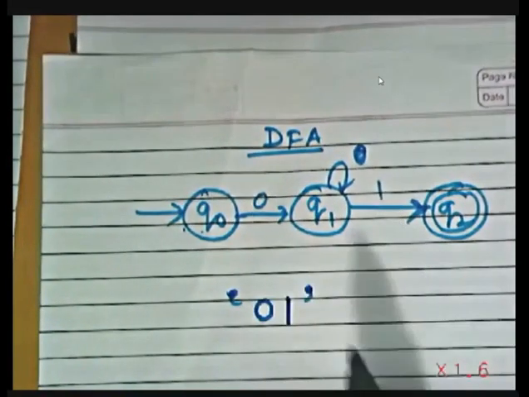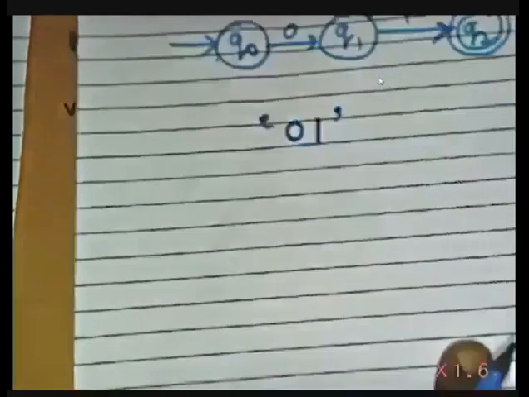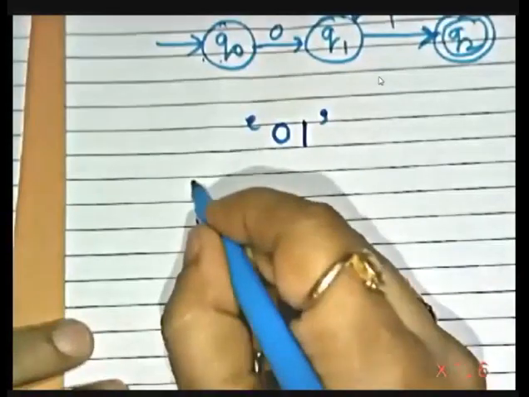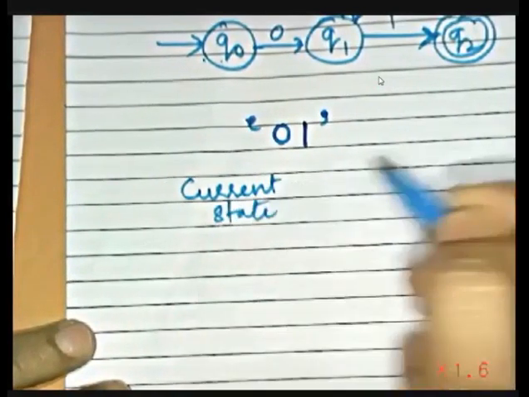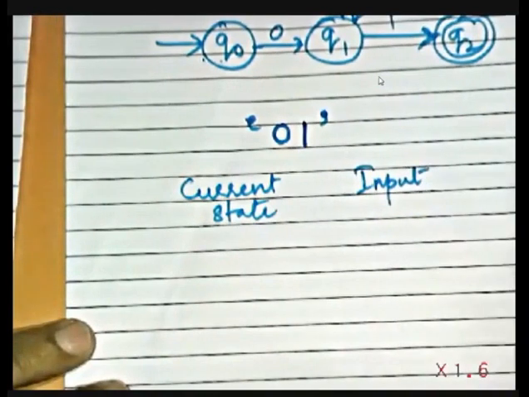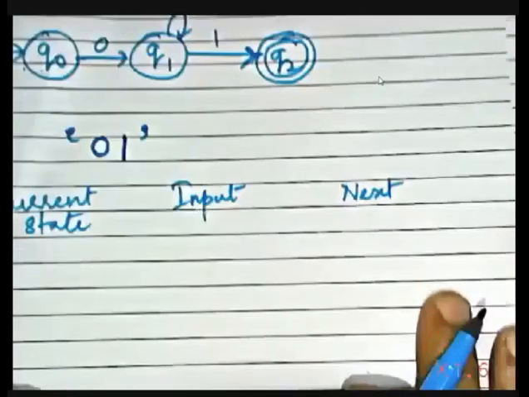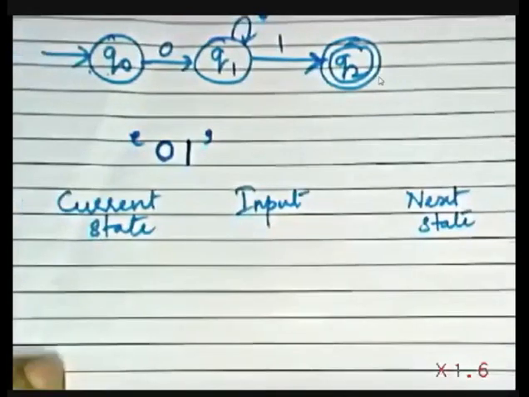If I want to show it with a simulation, how will I show it? Suppose my current state is there, then there is an input and there is a next state. This is called simulation and you should be able to do it.